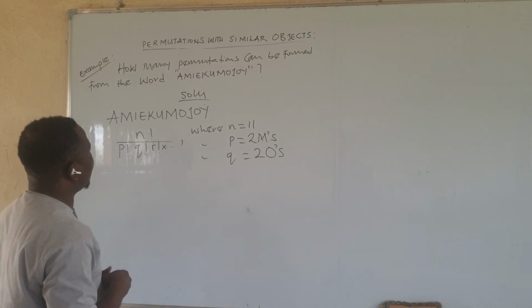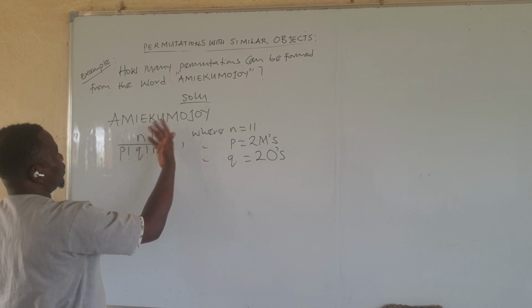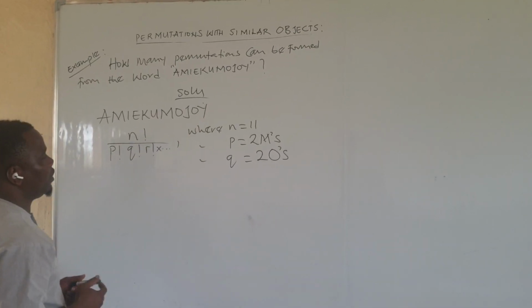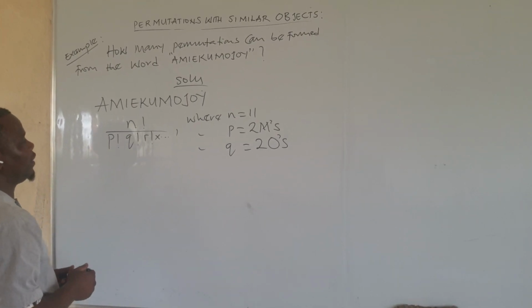Okay. Now, let's check J. J does not repeat itself, and Y too does not repeat itself. So our R is 0.